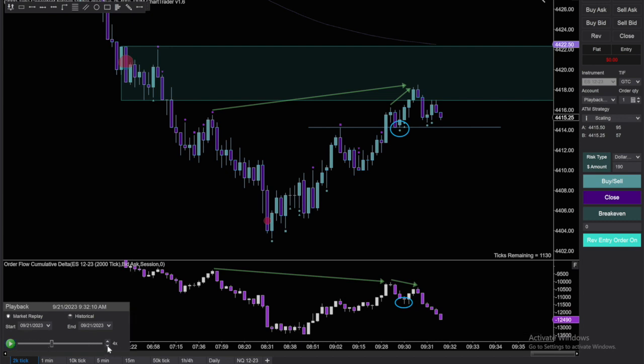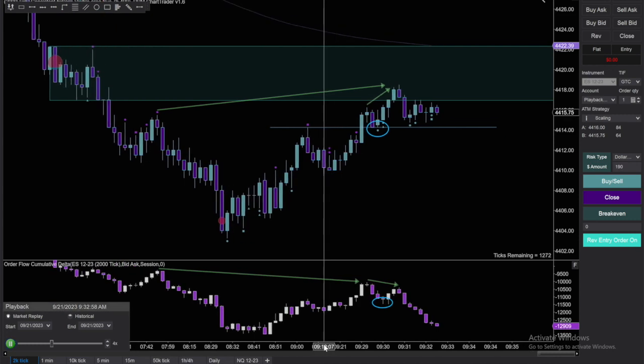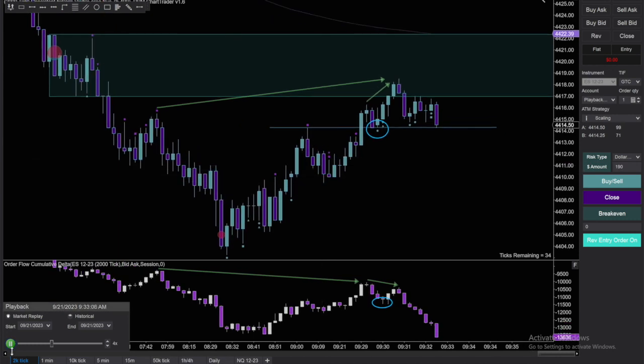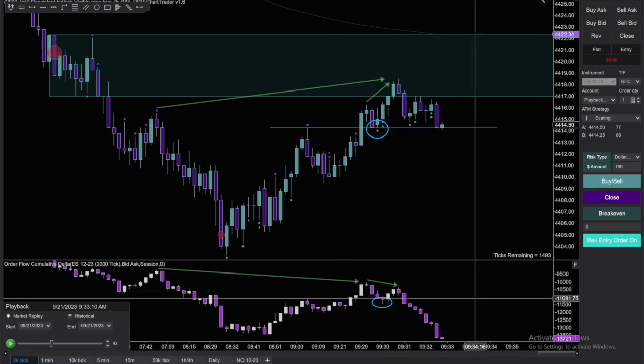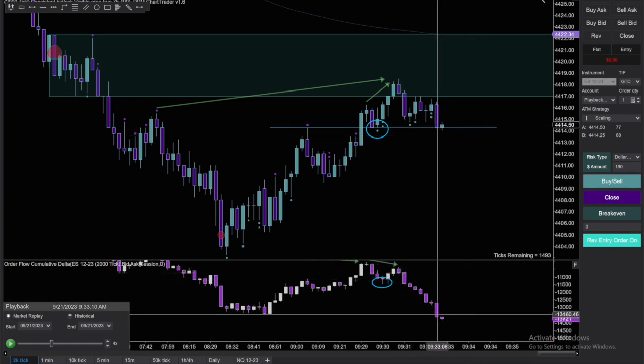So as we push it forward, it makes one last attempt up. Notice the delta is just continuing to be very strong down. And right here is where we start to get our break. Okay, now again, pay attention to this delta right here.